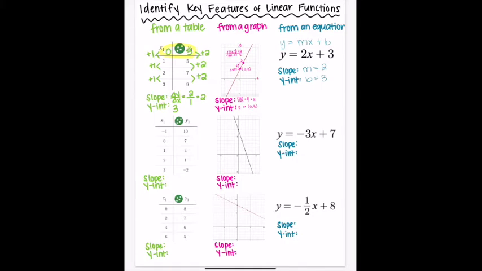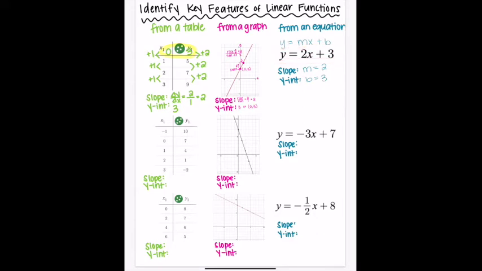So I want you to notice the similarities between these three representations. Notice that they all have the same slope and y-intercept. I gave you these on purpose so that you can see how from a table, so from this table here, you can use the slope and the y-intercept to write the equation.